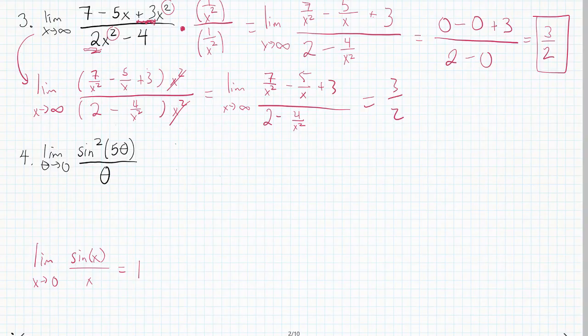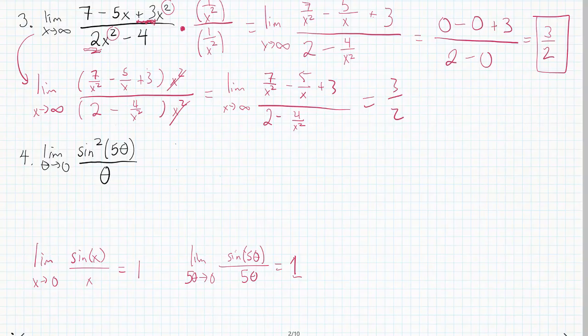So notice, if x here we have replaced with 5 theta, so I'm going to replace x with 5 theta. So if we had 5 theta approaching 0, and we took sine of 5 theta over 5 theta, that should equal 1.